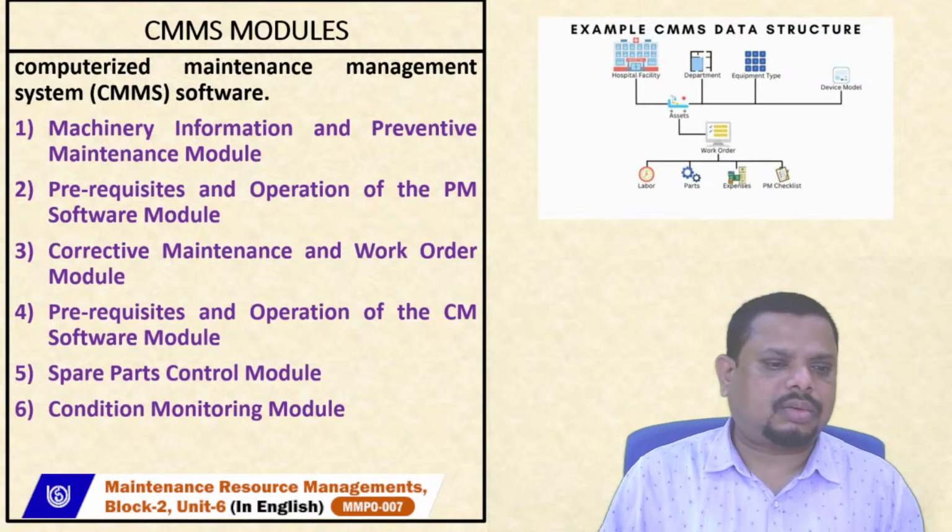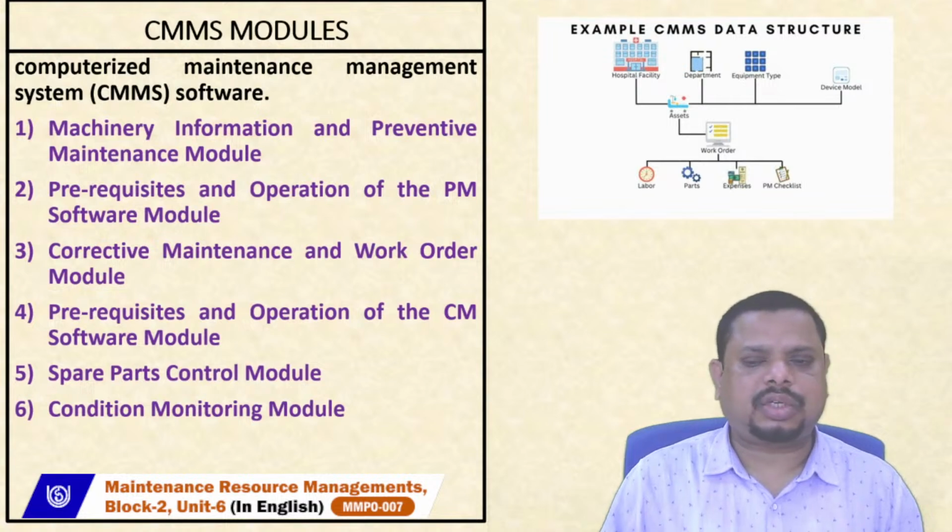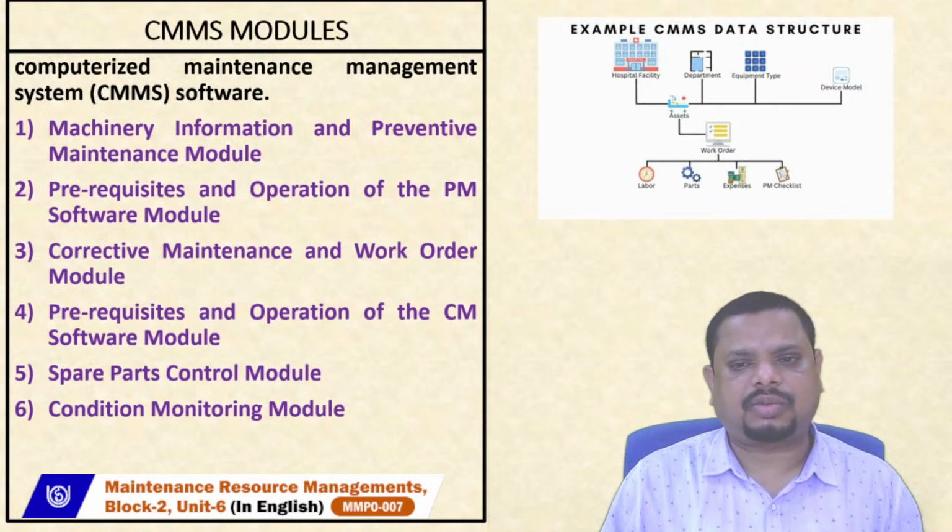The next one we have is spare parts control modules, and the last one we have is condition monitoring modules. So these are the different modules available under computerized maintenance management system software.